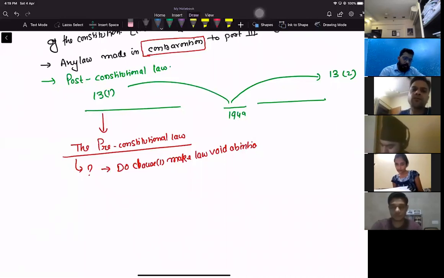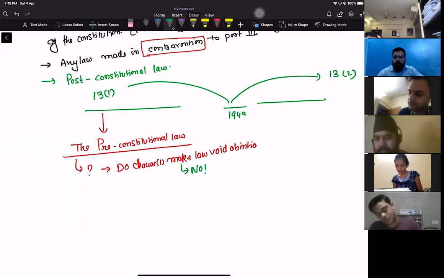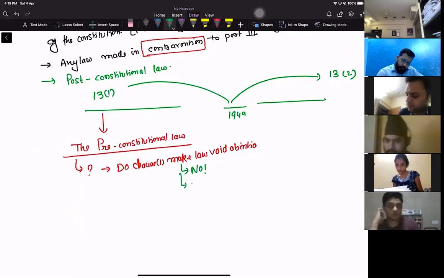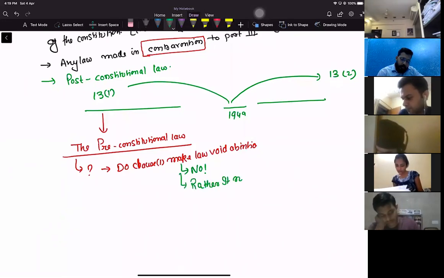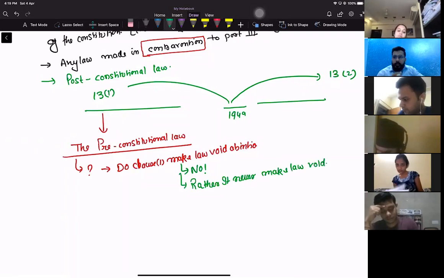Does the provision make the law void ab initio? The answer is no, it does not make the law void ab initio. Rather, what has happened?